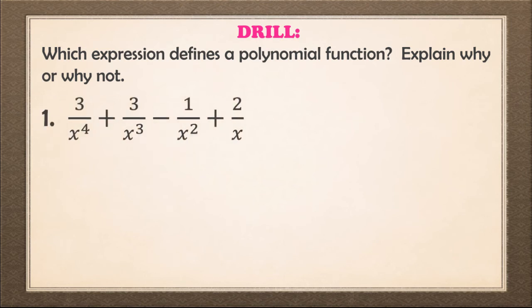Number 1, 3 over x to the fourth plus 3 over x cubed minus 1 over x squared plus 2 over x. Is this a polynomial function or not? Explain. Number 2, x to the fifth minus 3x minus 10.